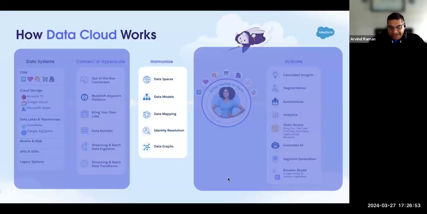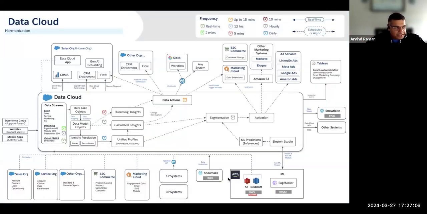So once you are bringing all the data in and it's within Data Cloud, like I talked about, harmonization is how you map to a standard data model. Within Data Cloud, harmonization is the step where your incoming data lands in what we call a DLO, a data lake object, and then you map it to a DMO, a data model object.